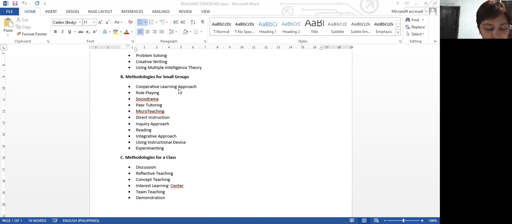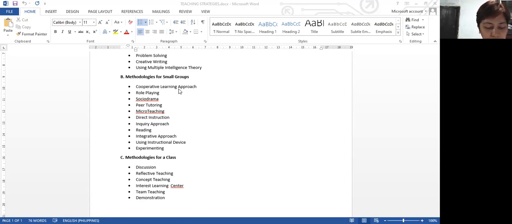Okay? So that is actually one of the purposes of cooperative learning approach also, to help one who has not yet acquired. So that's why there should be this balance. The teacher needs to make sure that there's this right mix in the group.